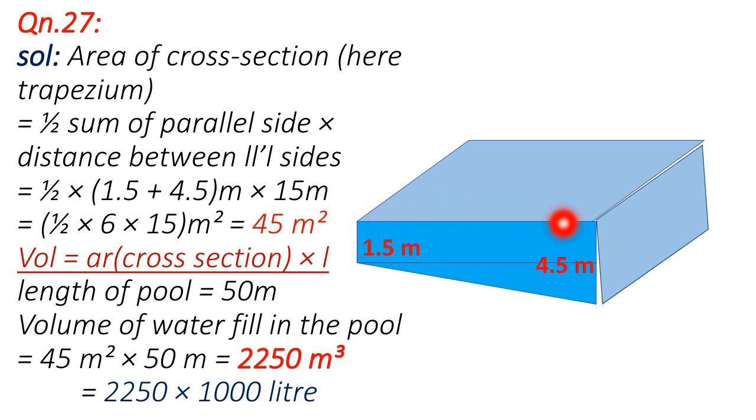So you know how to calculate the area of trapezium. It is the sum of those two sides into that length, that is the distance between the parallel sides. See, the formula is given here. So 1 by 2 into 1.5, this one is 1.5, and this one 4.5, and this is multiplied with 15, that is the distance between the parallel sides, and that will give 1 by 2 into 6 into 15, and 45 meter square is that area of cross section.